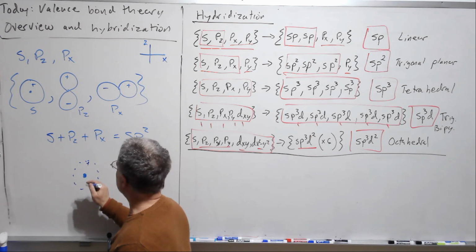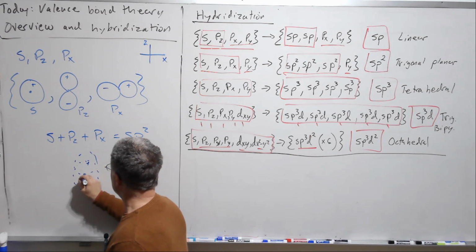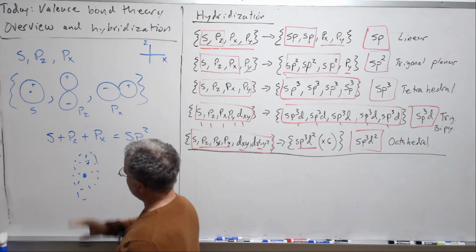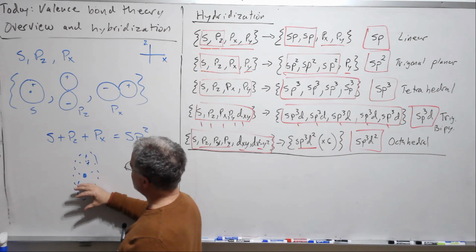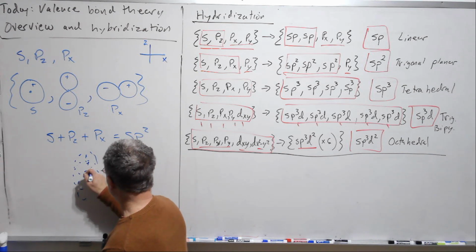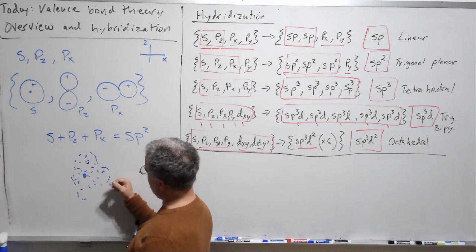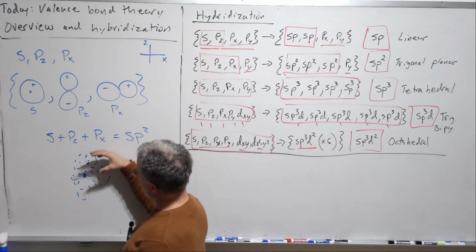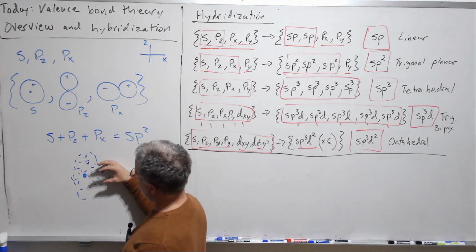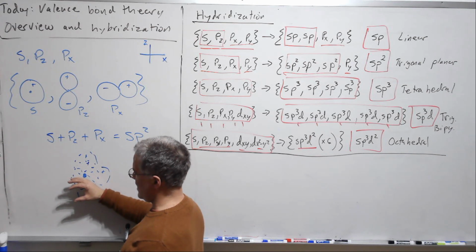So this is plus here, plus here. So I get constructive interference up here, destructive interference here, and then I get plus over here. Okay, it's getting really messy here, but so I have constructive here and here, destructive over here.